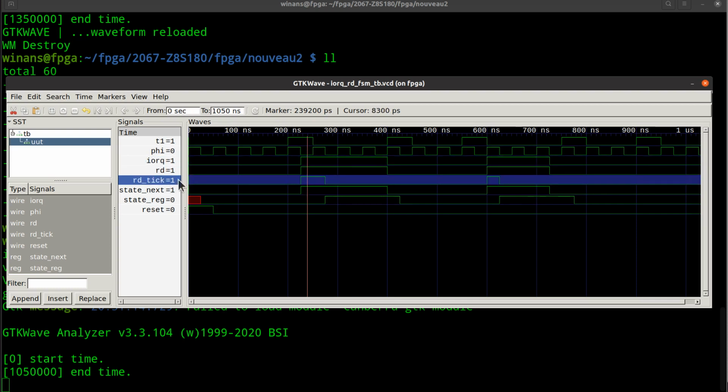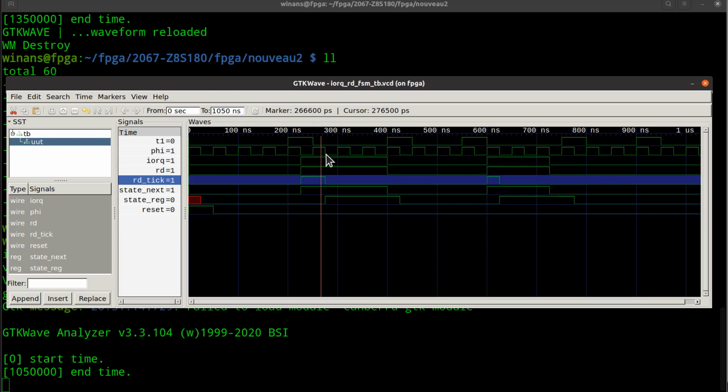Then this is true. That's why it doesn't become true until after here, even though I'm in state 0 over here, right? Okay, now it will go false as soon as I go into state 1, which happens as a result of the state advancing because the state will advance when IO rec and read are both true, and I have a falling edge, which causes this thing to go down right there.